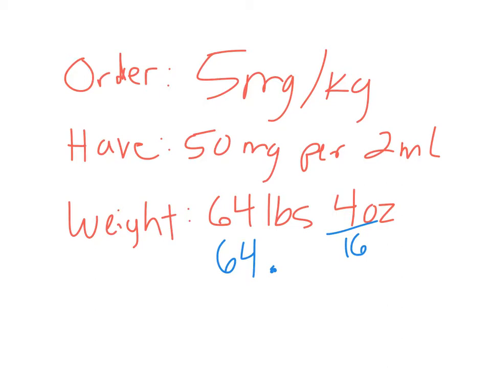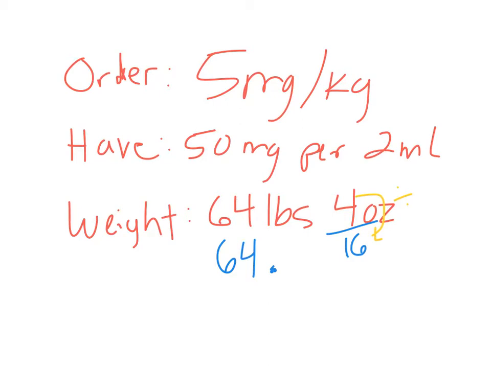But to make that a little bit easier, we'd rather deal with decimals to put into our calculators when we're dividing by 2.2. So 4/16, we're going to take 4 divided by 16. We just divide these two numbers, and that will turn that into a decimal for us. Some of you may see that 4/16 is 1/4, and 1/4 as a decimal is 0.25.